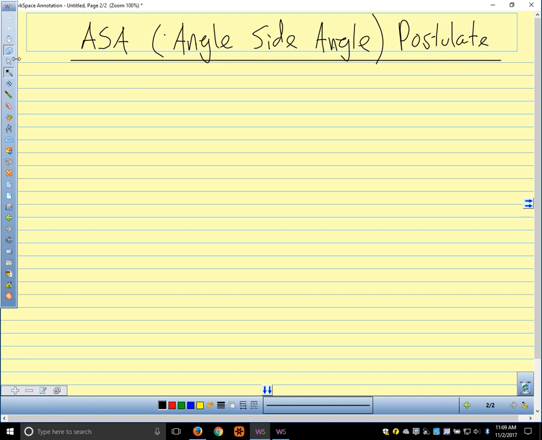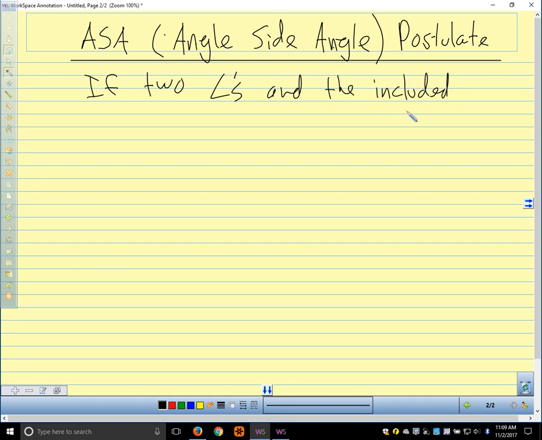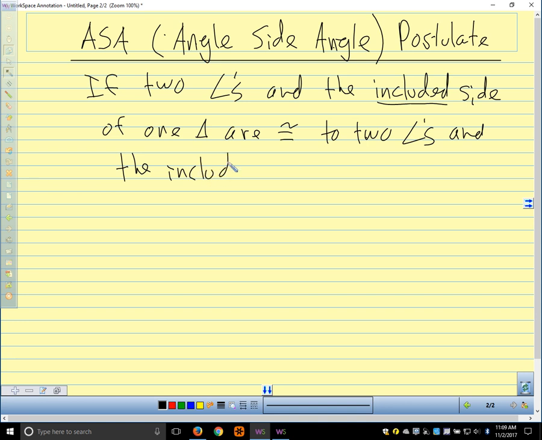Very similar to side-angle-side, we're going to say if two angles and the included side, and again, included means between, of one triangle are congruent to two angles and the included side of another triangle, then the triangles are congruent.